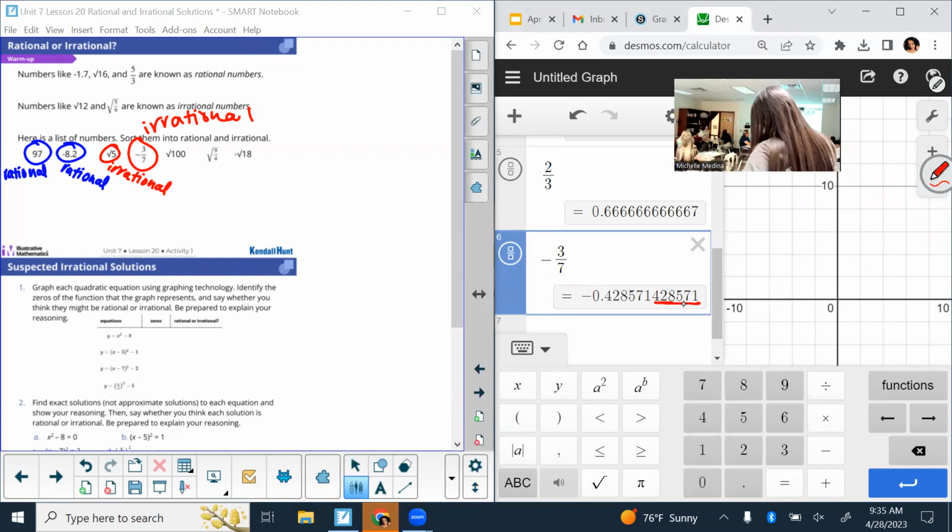So the book does classify that one as rational for that reason, because there is a chunk that does repeat. So good observation. I didn't notice that. So it technically is rational, but I think you guys are getting the main point of how to tell.